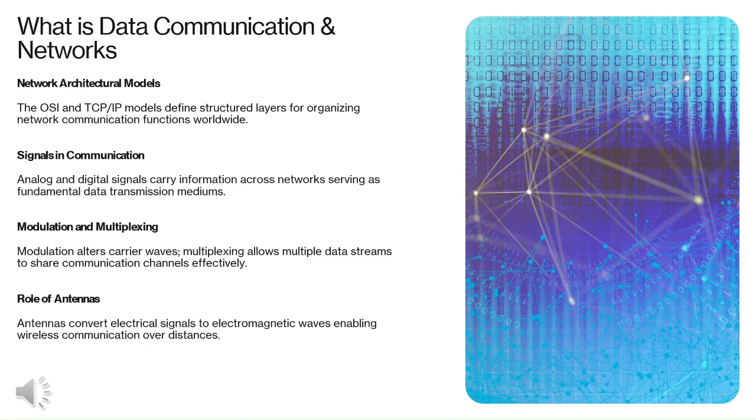Information travels through analog and digital signals as a basic transmission medium. Modulation modifies carrier waves to encode data, while multiplexing allows multiple streams to share a channel efficiently. Antennas convert electrical signals into electromagnetic waves, enabling wireless communication over long distances, forming the core of modern networks.